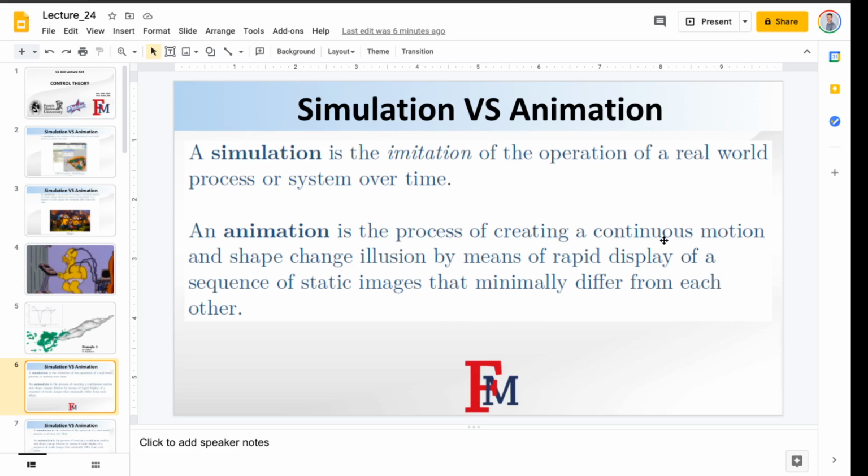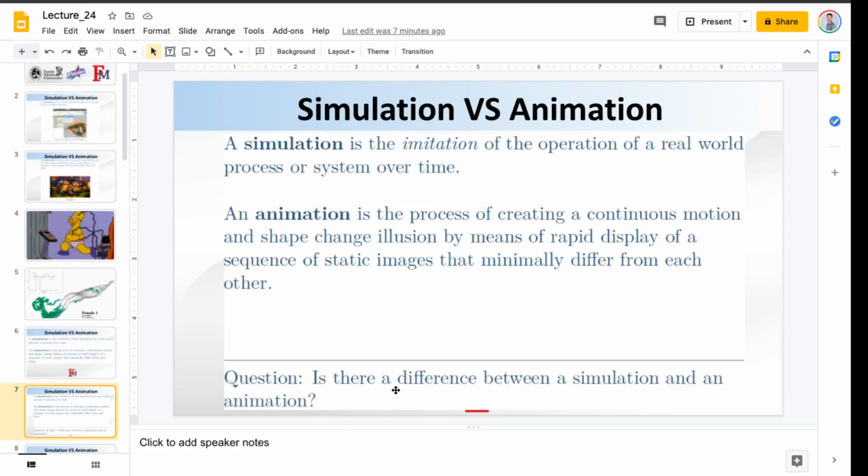Animation is just the process of creating a continuous motion illusion and shape change illusion by means of rapid display of a sequence of static images. That's how usually the movie works, and that's how your camera works on your iPhone. It just captures 24 pictures per second and shows them back to you at 24 pictures per second, and you see that something is moving.